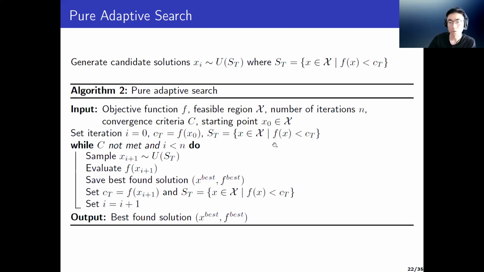So instead of uniformly sampling from the feasible region X, pure adaptive search algorithm samples from the improving level set ST, where the threshold CT is set to the objective function value of the current point. So basically, pure adaptive search generates a series of solutions with strictly monotonic decrease in objective function value. And the rest of the algorithm is the same as the pure random search.